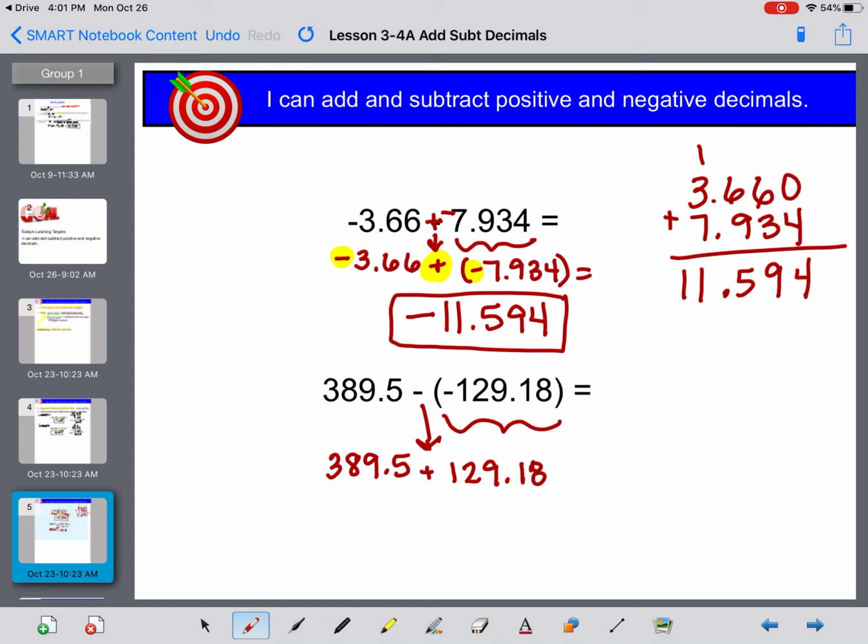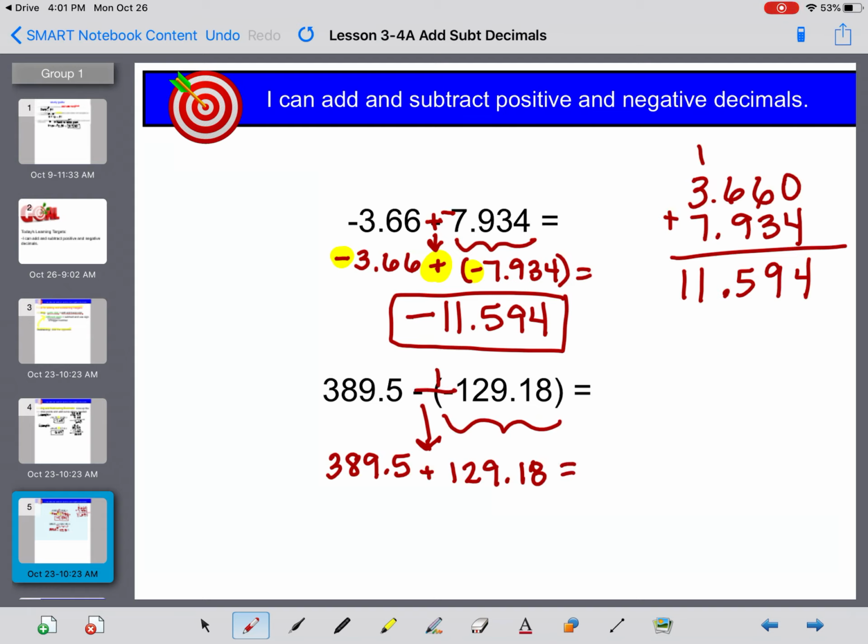You will be using these rules for adding and subtracting positive and negative numbers all year. They aren't going away, so make sure you commit this to memory. If this is a struggle for you, I encourage you to go back and do the lesson video for 1.5 and 1.6 over again.